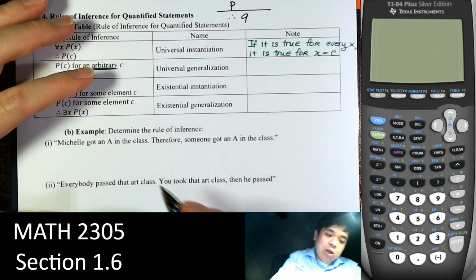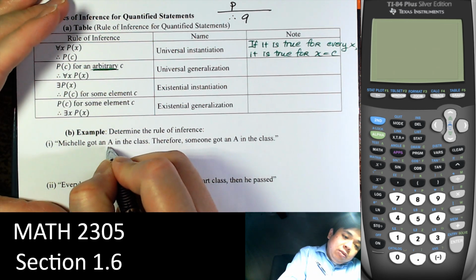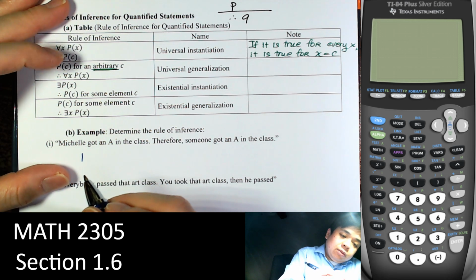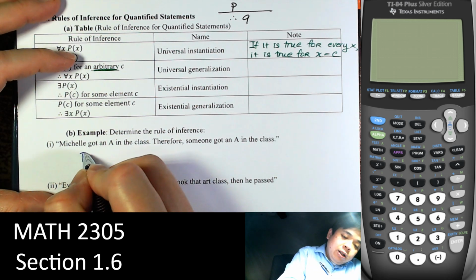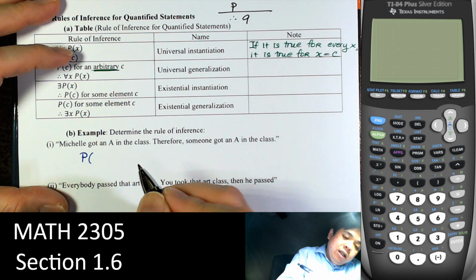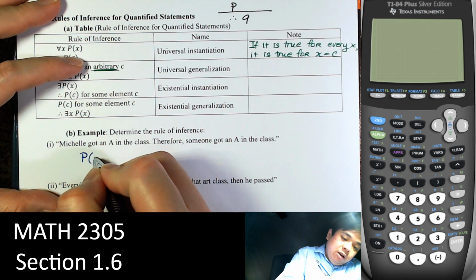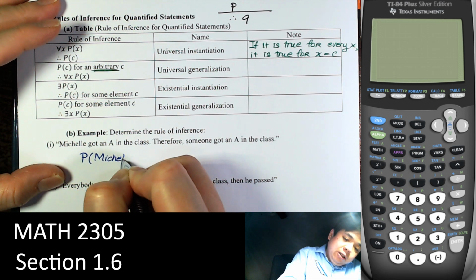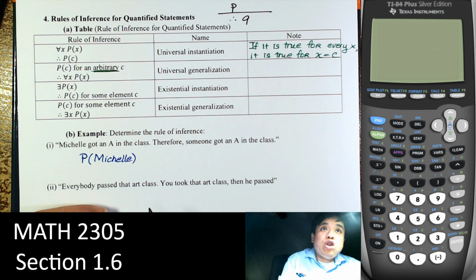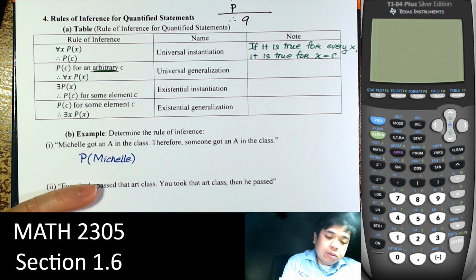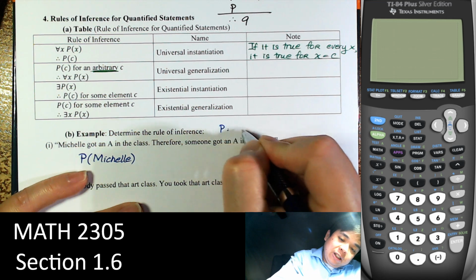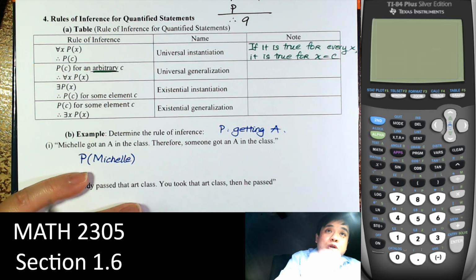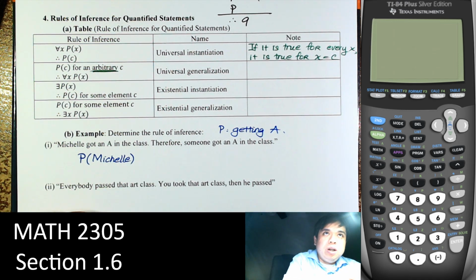So that's why we say P, the statement for Michelle, where P is getting an A. If you substitute Michelle in, it is true.